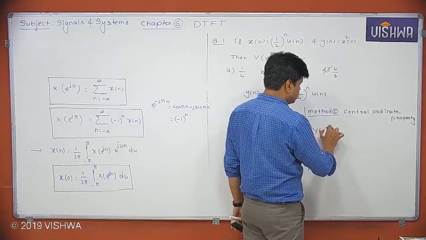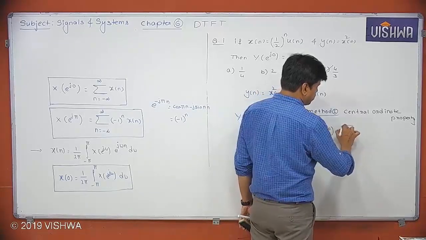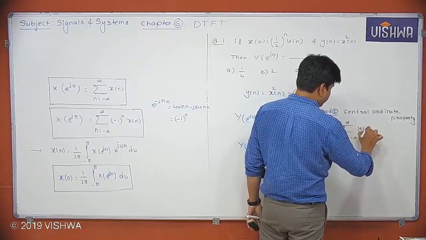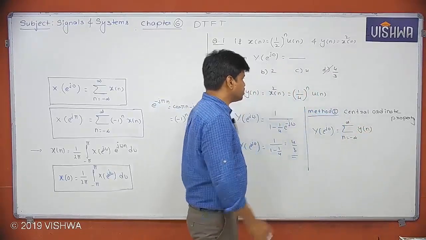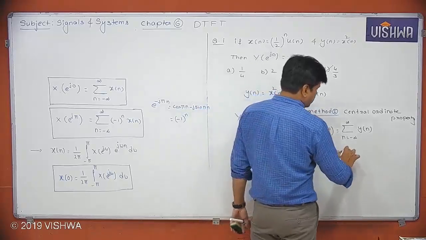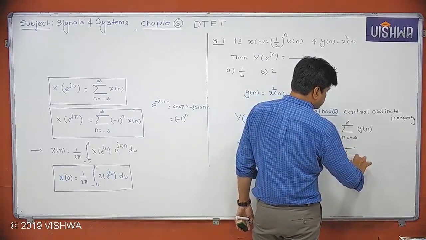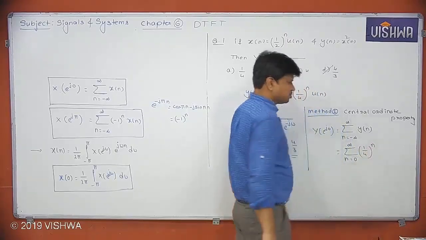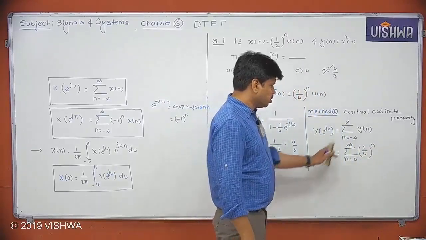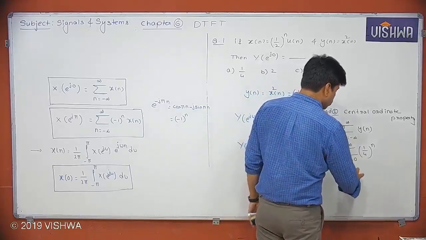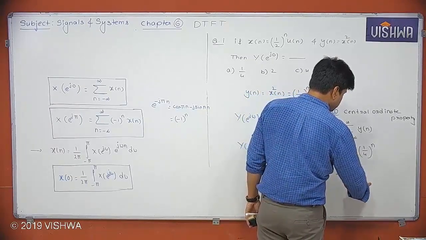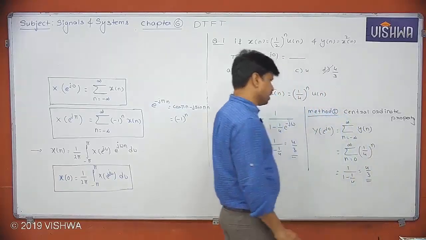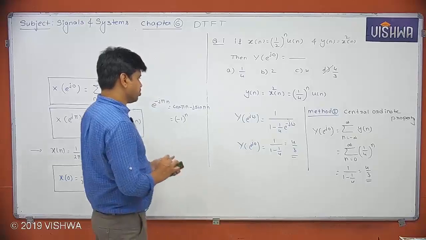So this is nothing but summation n is equal to minus infinity to infinity of y of n. Because y of n has u of n, I can write this as summation n is equal to 0 to infinity of 1 by 4 whole power n. So it is a converging series, that is 1 by 1 minus 1 by 4, which is nothing but 4 by 3. So in this way also we can calculate by using the central ordinate property. Either way we can.